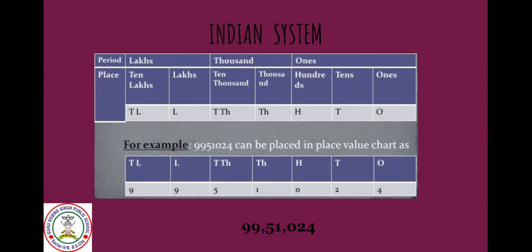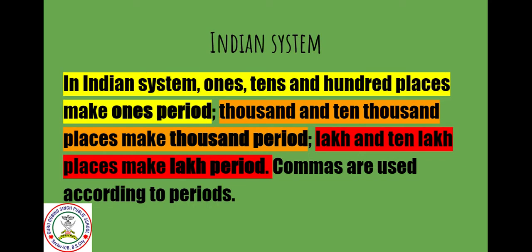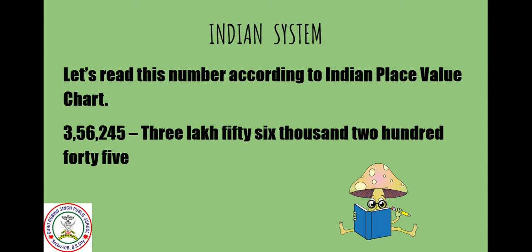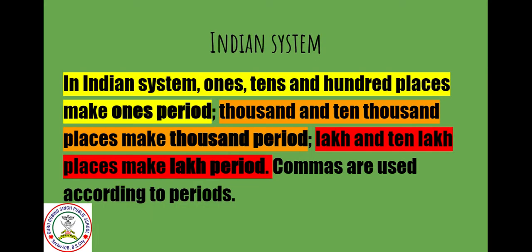Commas are used to separate the period. In Indian system, ones, tens and hundred places make ones period, thousand and 10,000 places make thousand period, lakh and 10 lakh places make lakh period. Commas are used according to places.